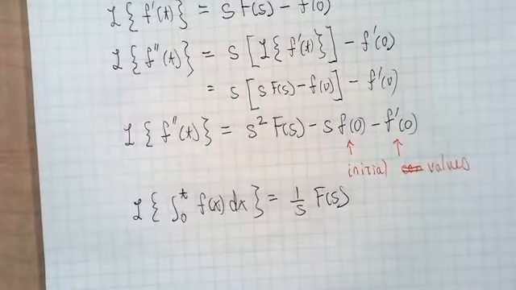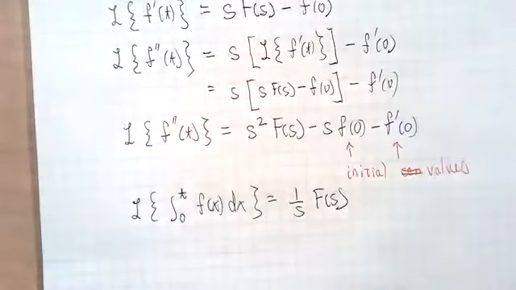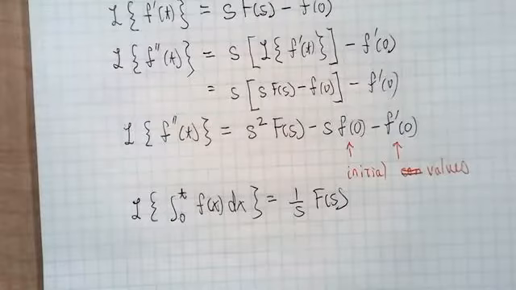And that's how calculus problems get turned into algebra problems. You're changing derivatives and integrals into multiplication by s or dividing by s. And there are some details occasionally for the derivatives. But that is really what we need to get started to solve some differential equations.